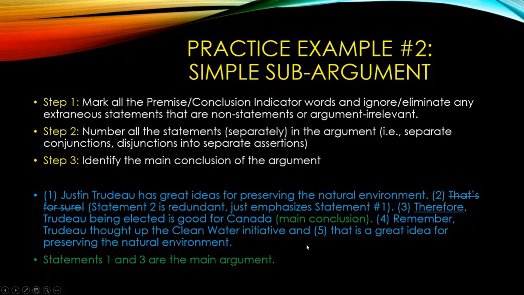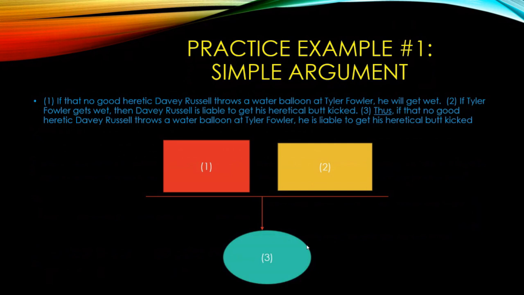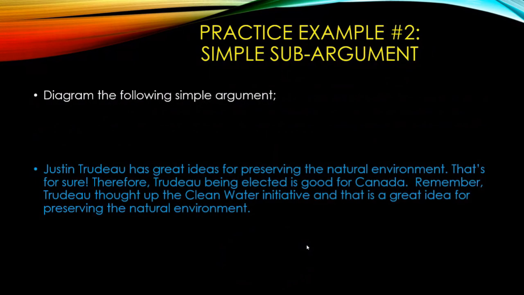So remember, with conditional statements above, like the one about good old Davy Russell, conditionals are considered one statement. You don't separate the antecedent and the consequent into two separate statements. But with conjunctions or disjunctions, you do separate them into two separate statements. So in this case, with a conjunction, you have two conjuncts, two separate statements.